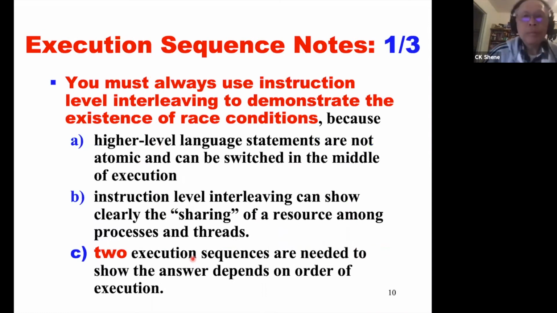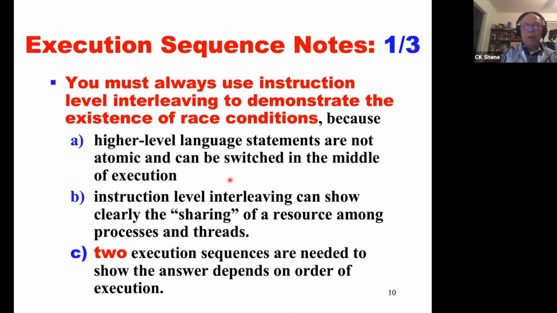So I have a few notes about execution sequence. You must always use instruction level interleaving to demonstrate the existence of a race condition, because higher level language statements are not atomic and they can be switched in the middle of execution. Reason?